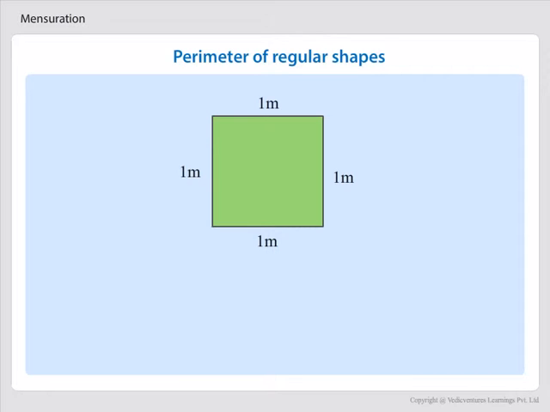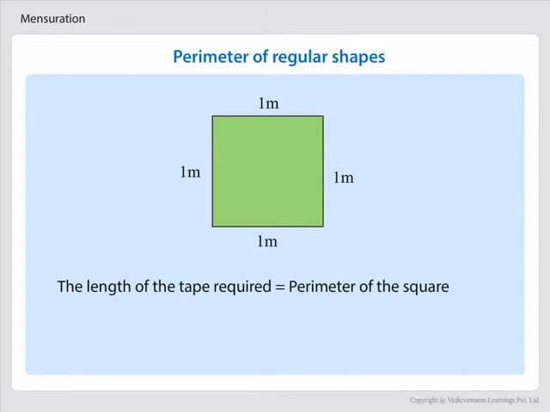Since Ram wants to put the colored tape all around the square picture, he needs to find the perimeter of the picture frame. Thus the length of the tape required equals perimeter of the square equals 1 meter plus 1 meter plus 1 meter plus 1 meter equals 4 meters.